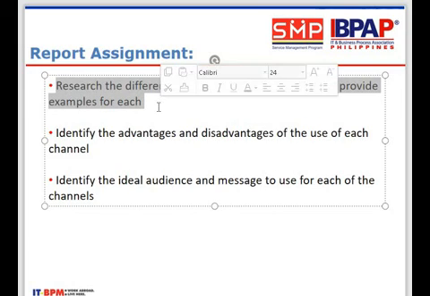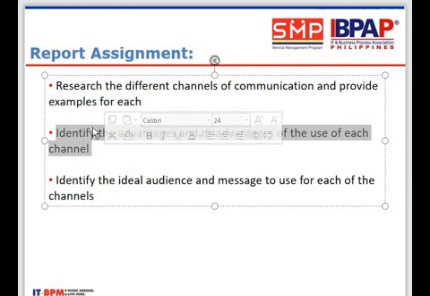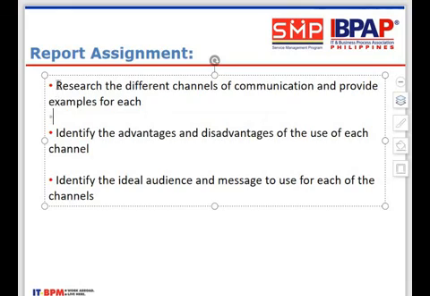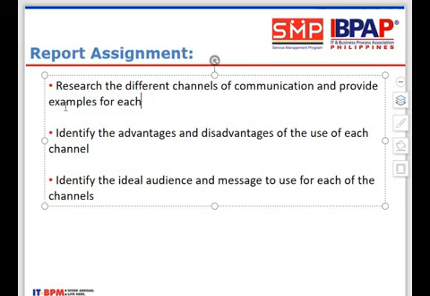These are just for those reporters who are assigned on this module, okay? Since na-report ko na nga siya, so all you have to do is answer these two questions and then pass it to me kahit sa messenger ko na lang. This is just intentionally for those two reporters who were assigned on this part, okay? So answer these two and then forward it to me on my messenger account.